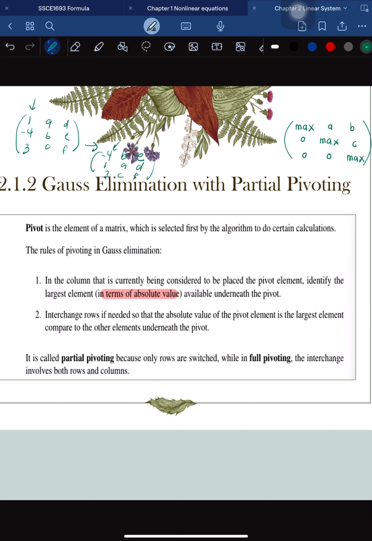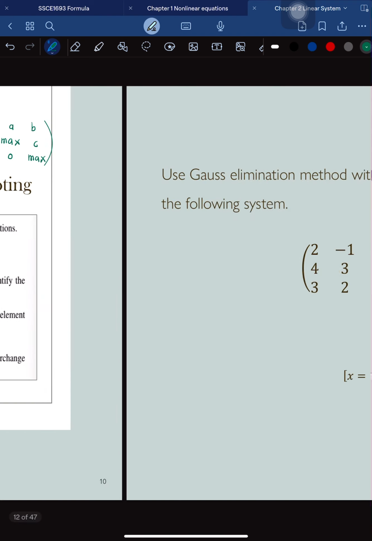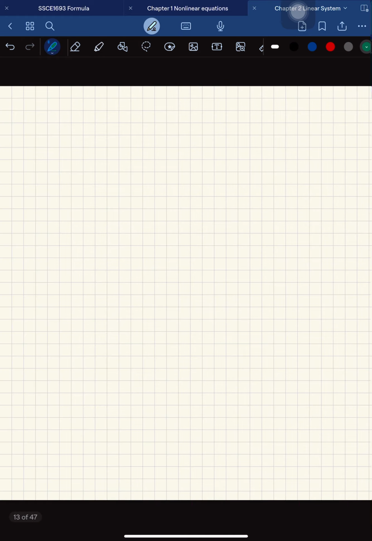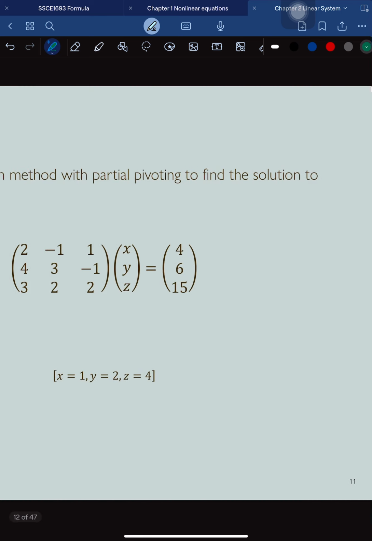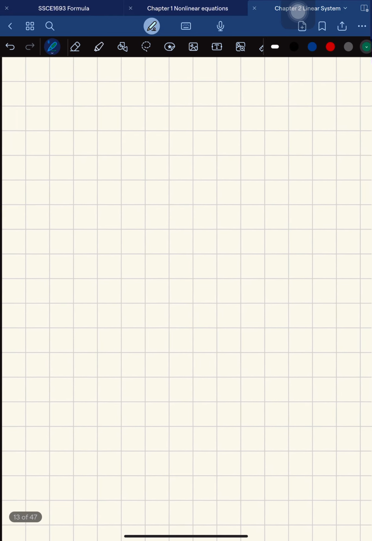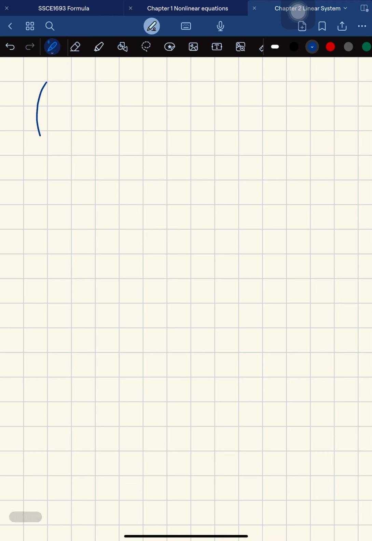So that's why the second row, the -4, will be the maximum value, so you have to change the row. Right. So let's try. We have these questions. So let's try. You have to put your matrix in terms of an augmented matrix.